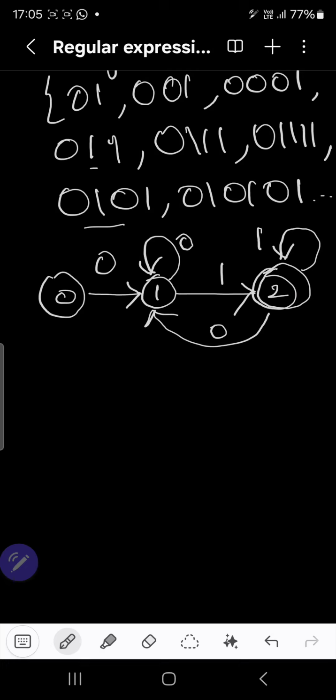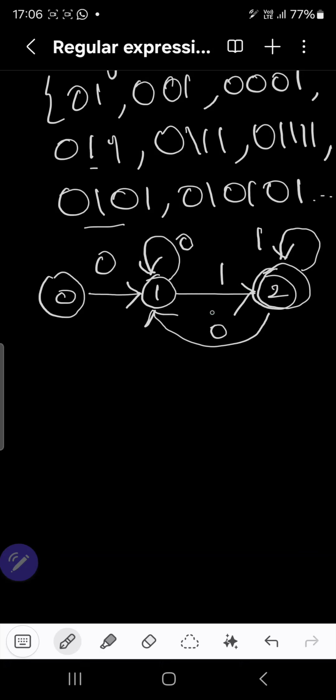So always we should be able to start with the start state and end with the final or accepted state. So we are able to do this. So this string is accepted. Finally, if we see the string 010101, that is also accepted by this DFA. So all such combinations of strings are accepted by this DFA.